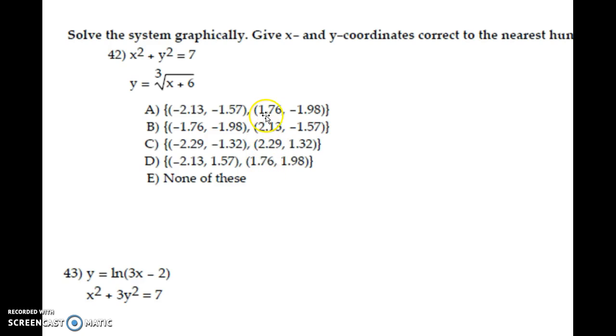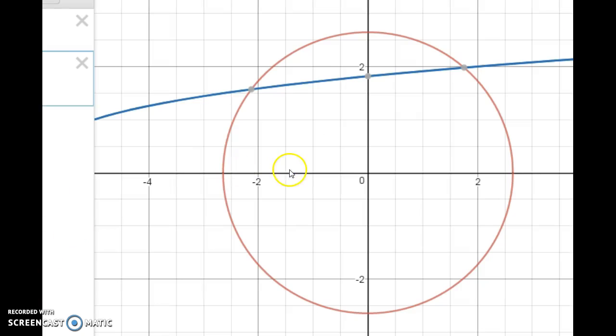So it's either D or A. And then a positive y value, oh, it has to be D. And we can verify that this one makes sense. A little bit more than -2 and a positive 1.5. A little bit more than -2, positive 1.57.